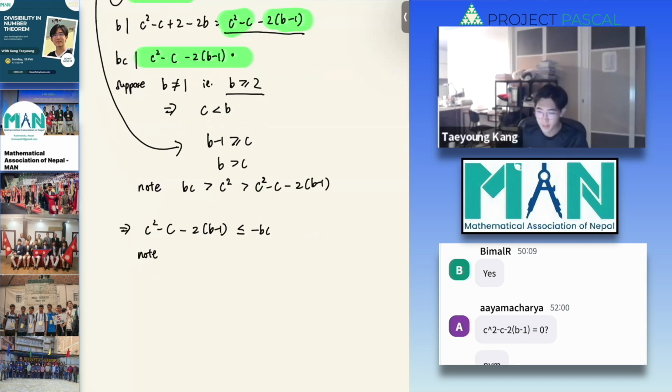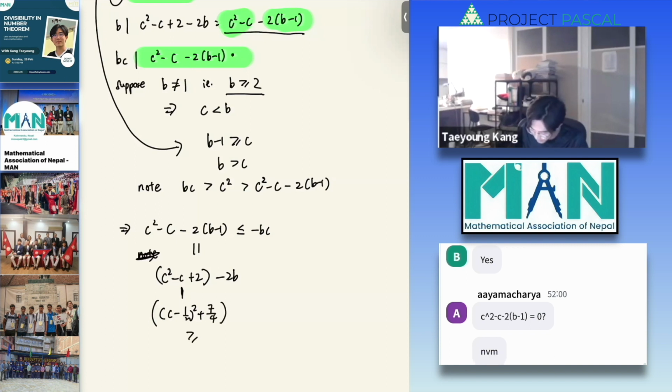C squared minus C plus 2. Wait, note that this is equal to C squared minus C plus 2 minus 2B, right? And this is definitely positive because this is C minus a half squared plus 2 minus 1 over, wait, 7 over 4. Yeah.